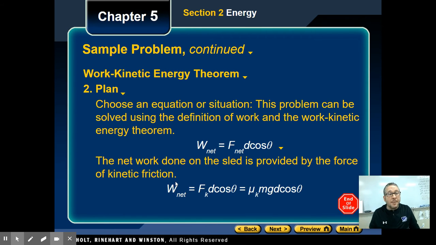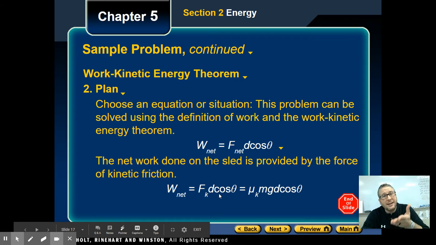Because it is slowing down and comes to a stop, we have to think about the net force in terms of the frictional force involved. So again, this goes right along with what we've done previously in the last chapter. Net work is equal to the force of kinetic friction multiplied by displacement times cosine of theta.